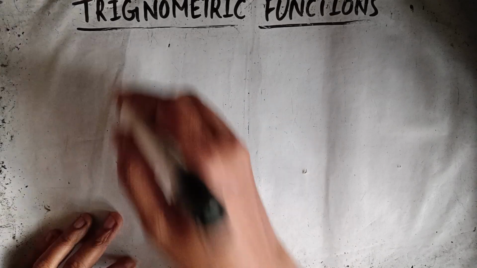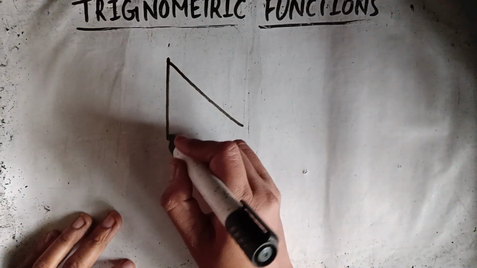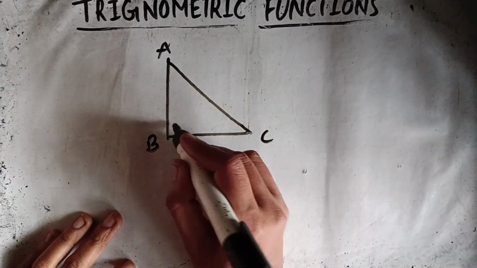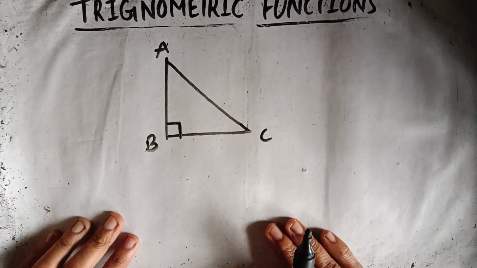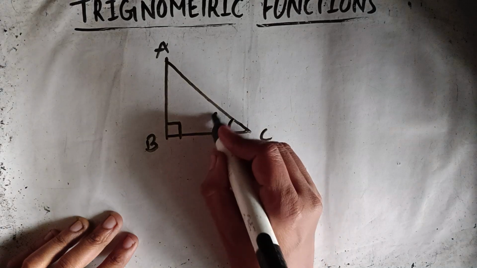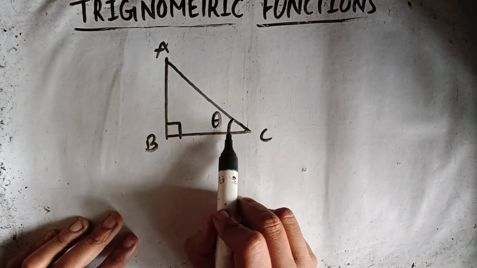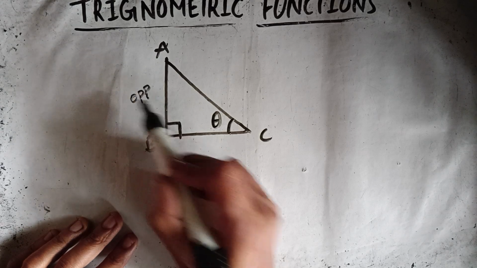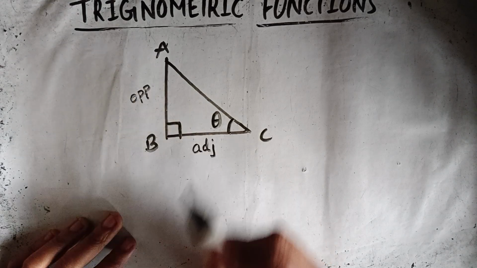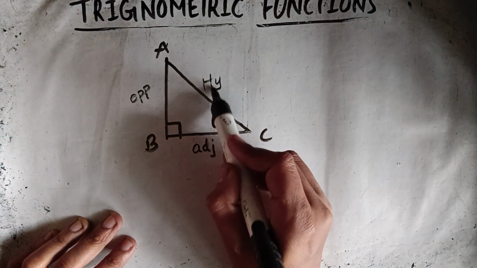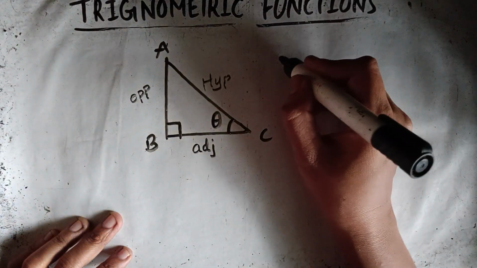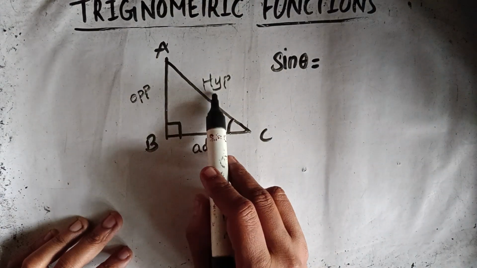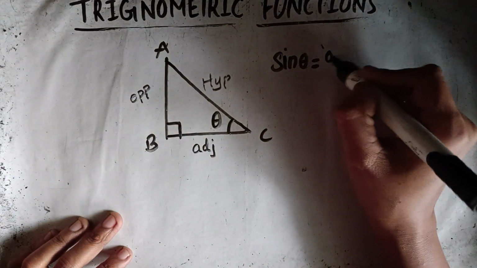Trigonometry: if you have a triangle, say ABC, with a 90 degree angle. Here there is angle theta. For angle theta, this is the opposite side and this is the adjacent side, and this is the hypotenuse. So what is sine theta? Sine theta is opposite upon hypotenuse.